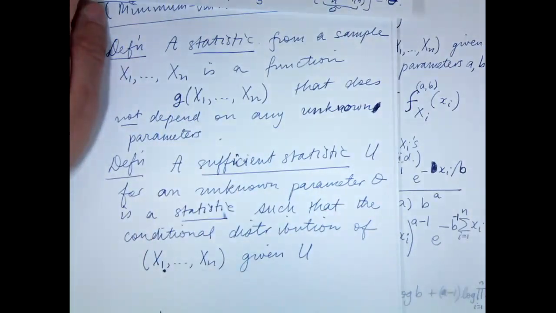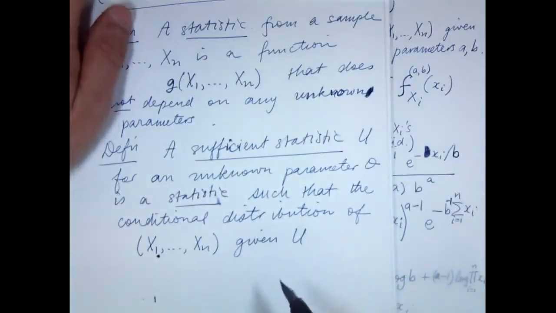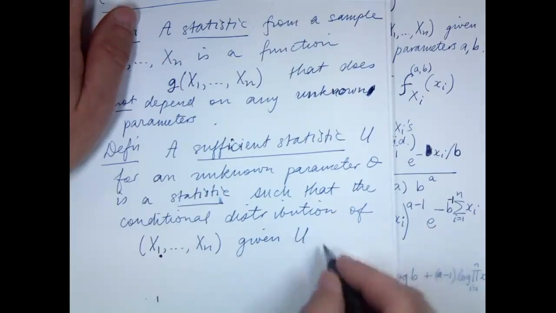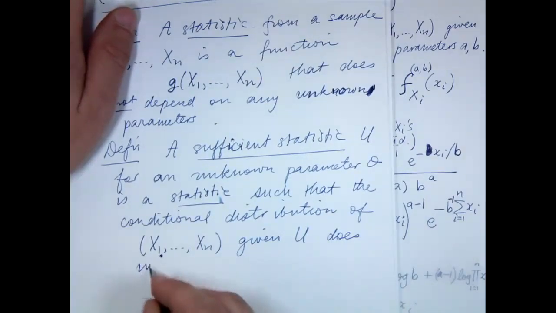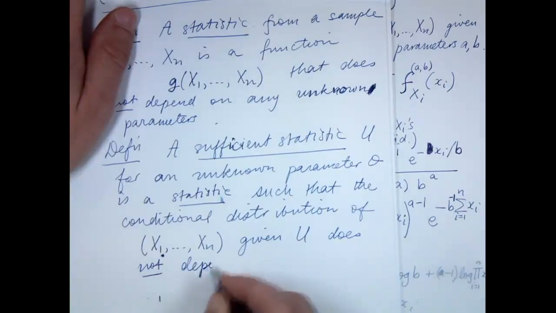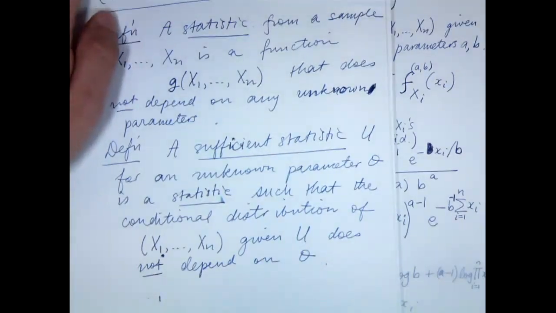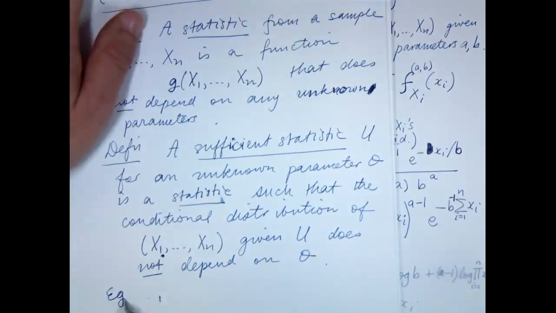And as we'll see, the best example of this is the mean, so we'll do that as a special example. It is a statistic such that the conditional distribution of x1 up to xn given U does not depend on theta. Okay.